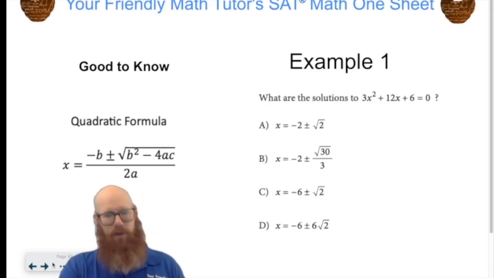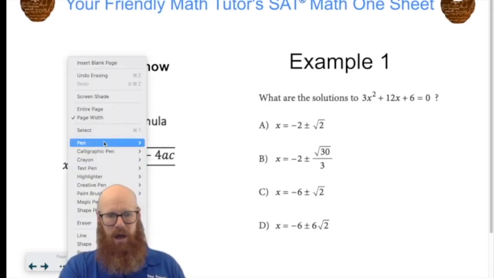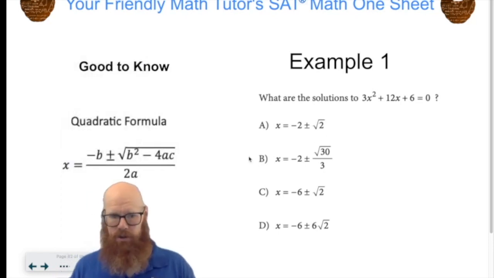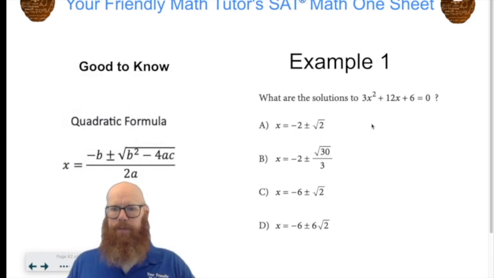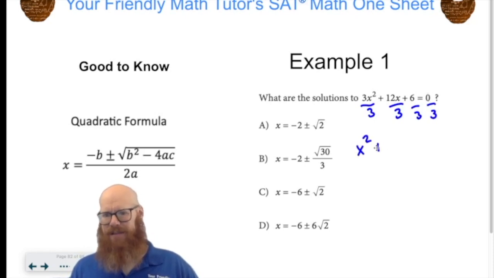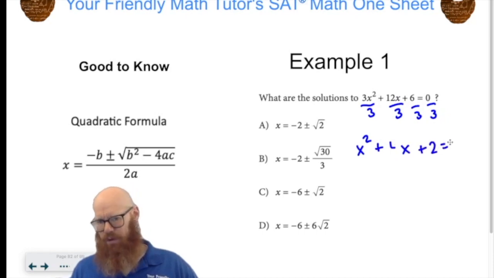Now there are other ways to do this, but let's just use the quadratic formula here to illustrate how we would use it. And what you can do is look to simplify first. Since we have 0 on the other side, we can divide everything by 3. So we get x squared plus 4x plus 2 equals 0.